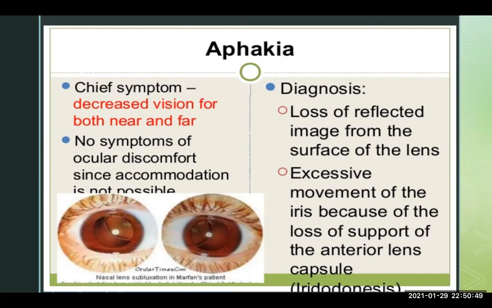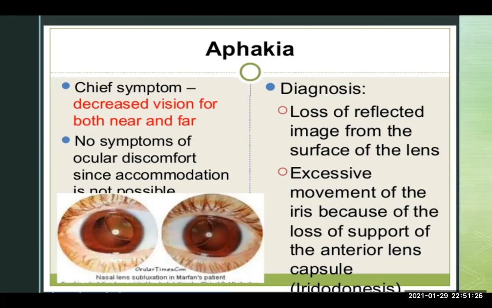Diagnosis: loss of the reflected image from the surface of the lens. Going back to the Purkinje images, when a lighted candle is put in front of the eye, you will see images of this candle on the cornea and on the lens, around 3 to 4 images. One from the anterior surface of the cornea, one from the posterior surface of the cornea, one from the anterior surface of the lens, and one from the posterior surface of the lens.